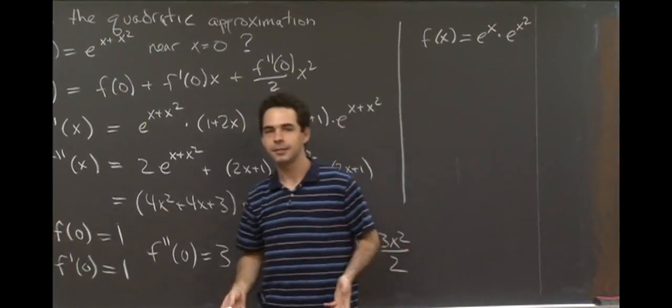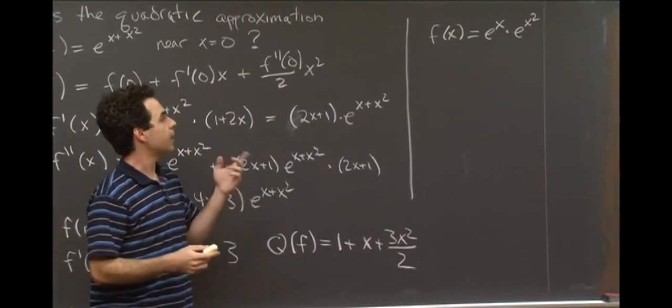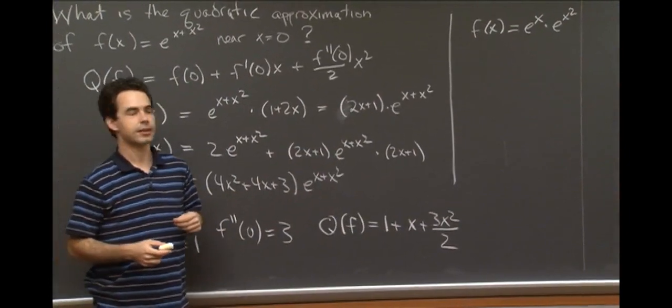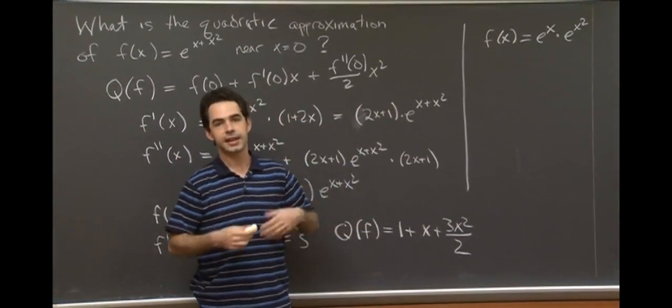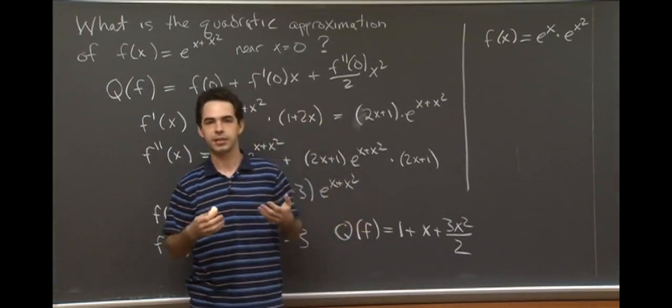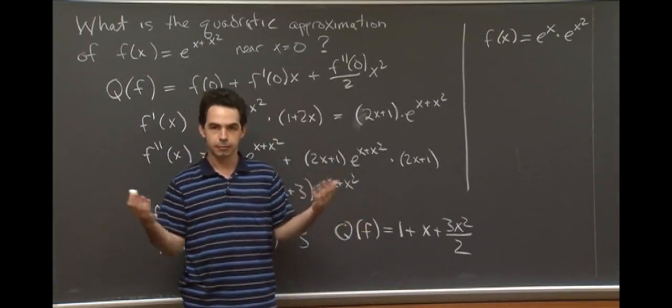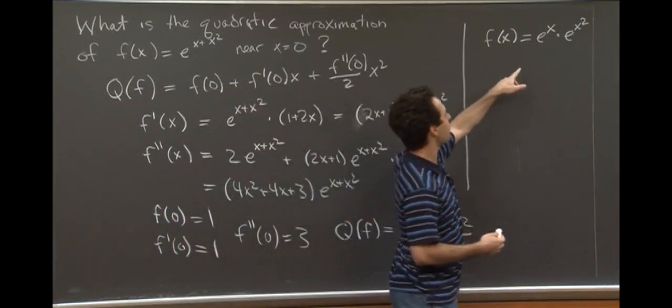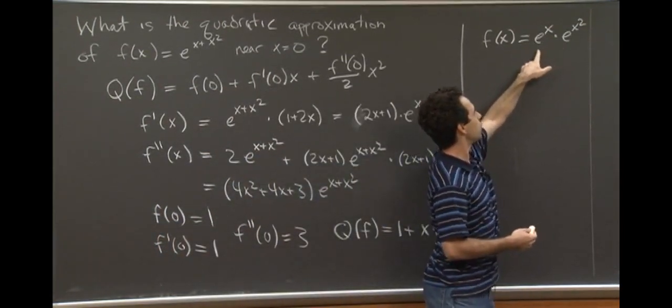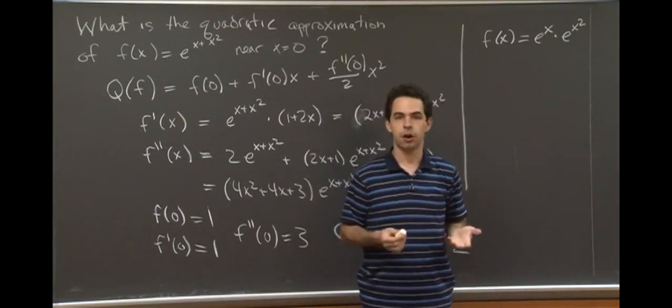Now, this may seem a little bit silly to you, but if you watched Christine's recitation video, you saw that to find the quadratic approximation to a product, it's enough to find the quadratic approximations to each piece separately, multiply together, and then take that quadratic approximation. In this case, the quadratic approximations are things you might already know.